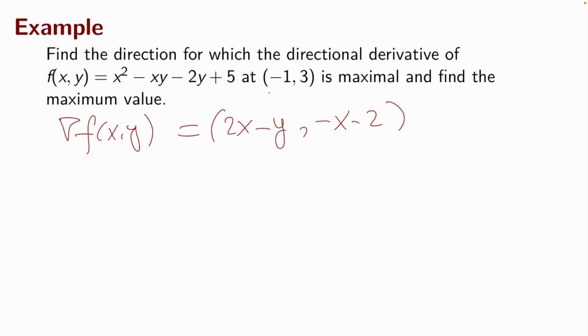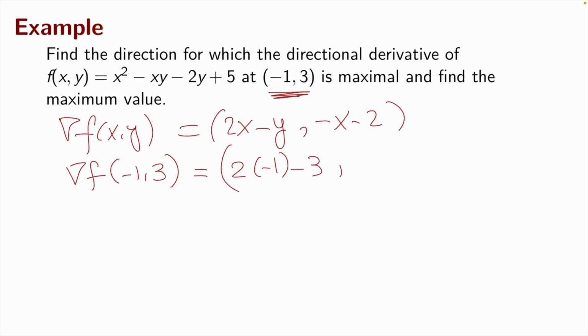So now we need to evaluate this gradient at the point (-1, 3). That will be 2 times -1 minus 3, and then 1 minus 2. So the gradient is just the vector (-5, -1). So we calculated the gradient.